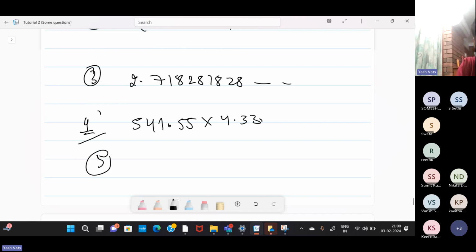The fifth question is about multiplying a number by 10 to the power 7 minus something. I'm not sure about the fifth question, so I just remove it. The sixth question is x squared minus 90x plus 1 equals 0, and you need to calculate the roots of this equation.